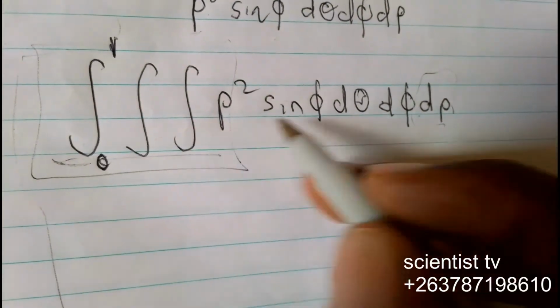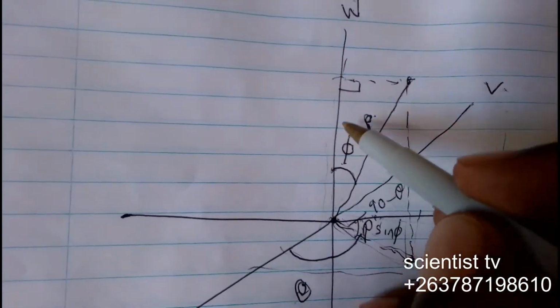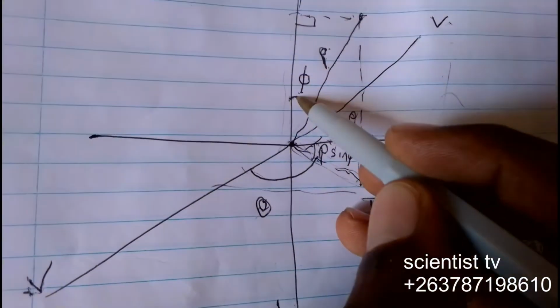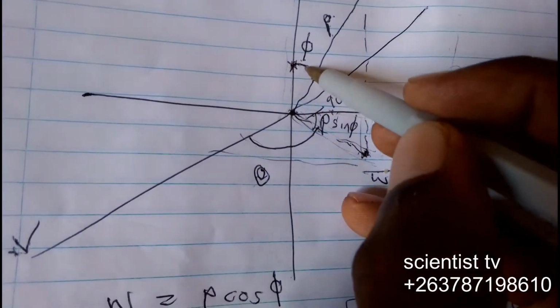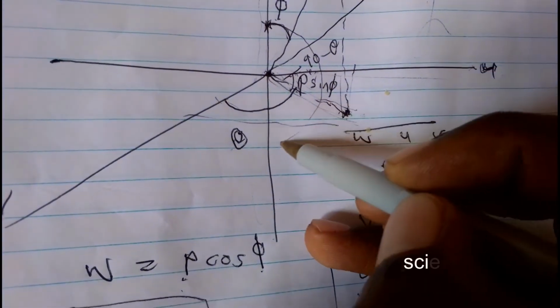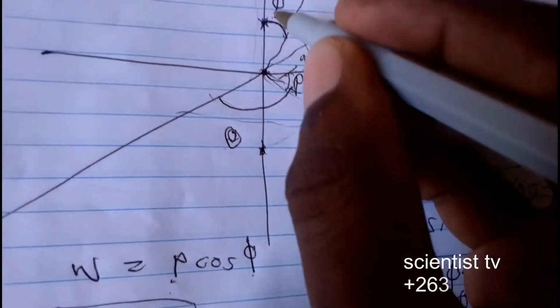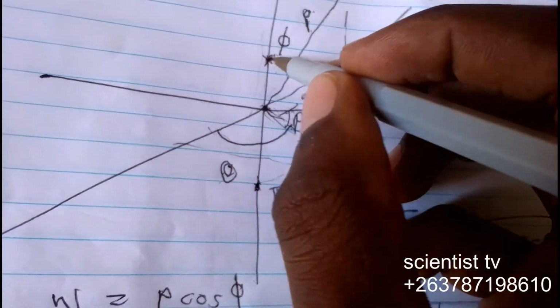So in this direction, okay, let's get back here. In this direction, this is the phi direction, right? From here we are going 180 degrees to here. So this is from 0 to pi because we need from this to this.